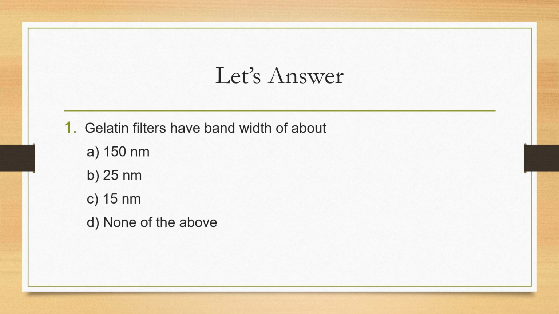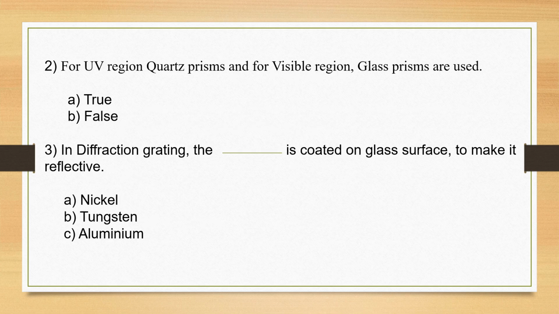You can pause the video and guess the correct answer. 25 nanometers is the correct answer. Gelatin filters have bandwidth of about 25 nanometers.